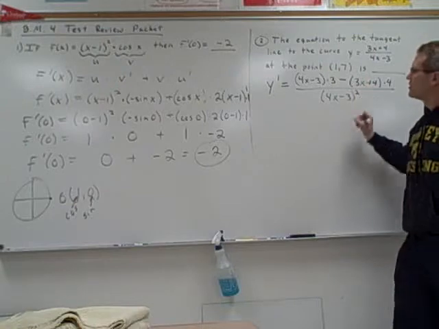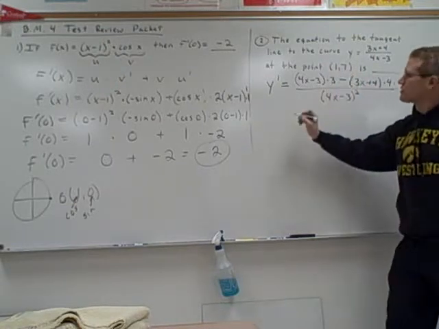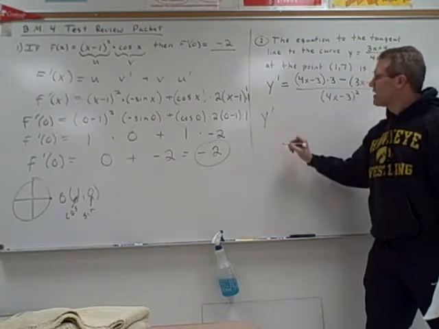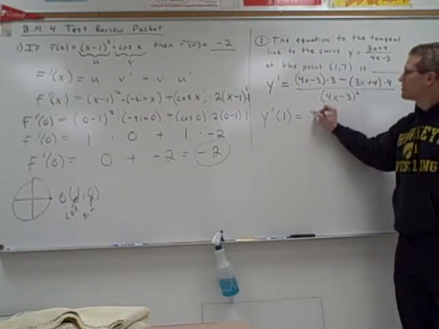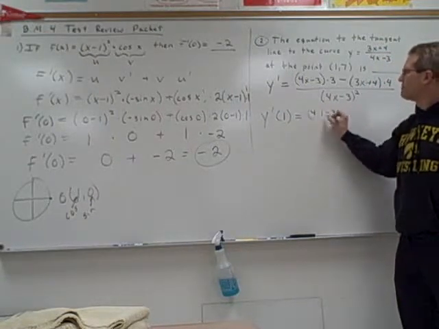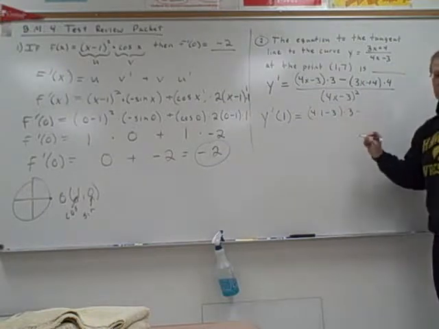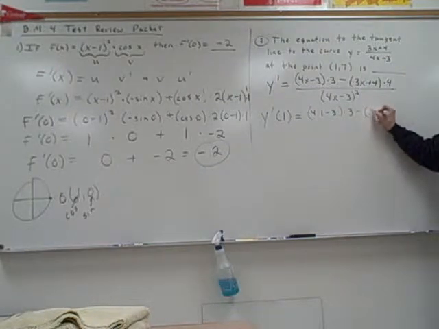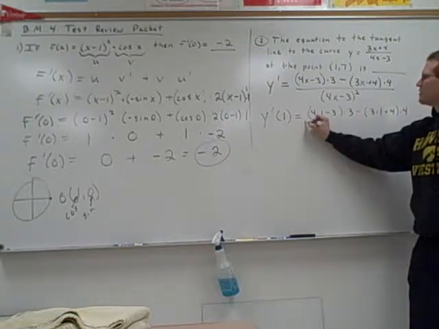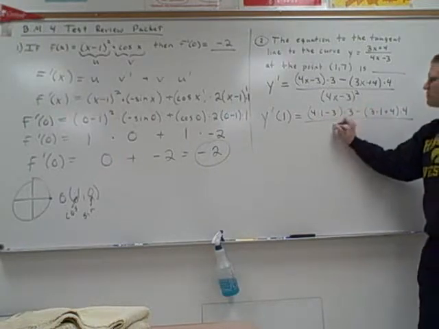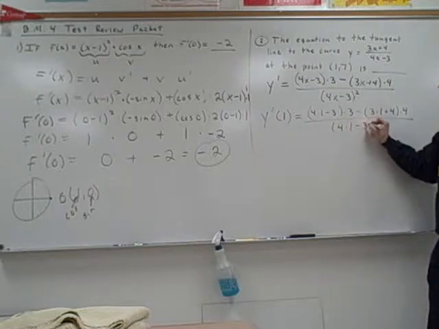4x minus 3 squared. Then we're going to plug in 1, so we're going to find the slope of the y equation when x equals 1. So we'll plug in 1 here, so 4 times 1 minus 3 times 3, minus 3 times 1 plus 4, excuse me, times 4. Plug in 1 at the bottom also, so 4 times 1 minus 3 squared.